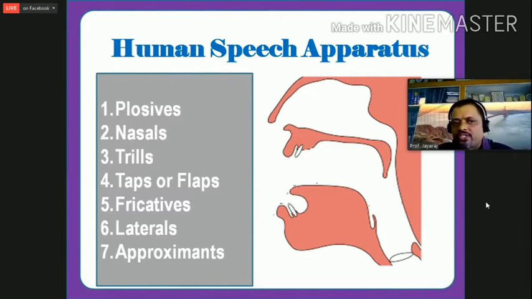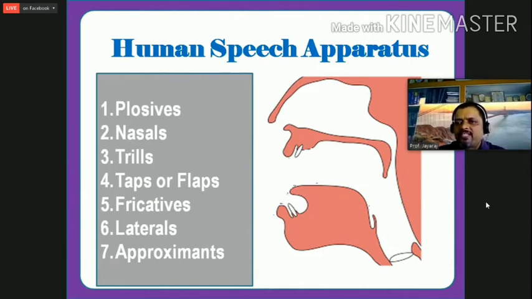We need to understand that when we have the experts' view of the manners and places of articulation, we will be able to understand the learner's problems in a very systematic manner. Where does my learner face the problem?